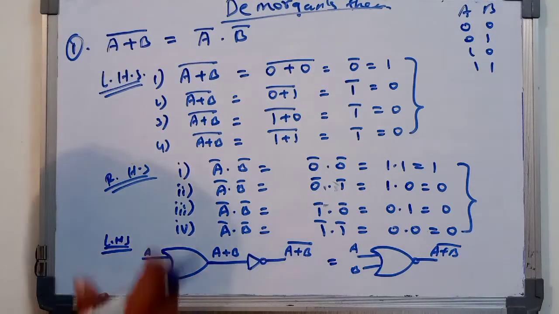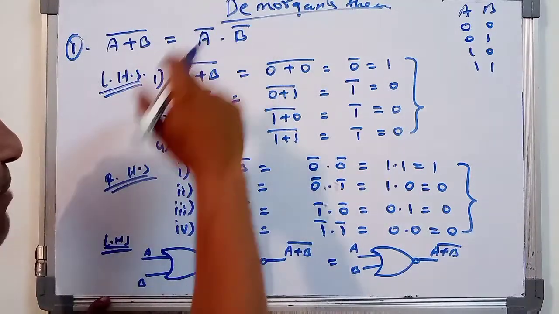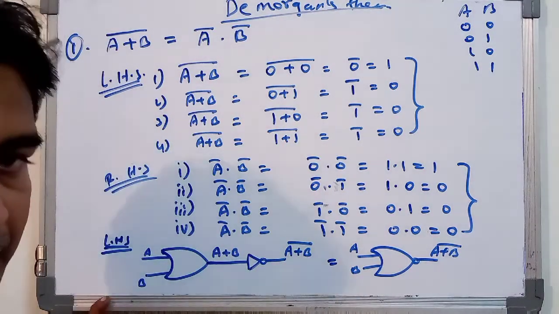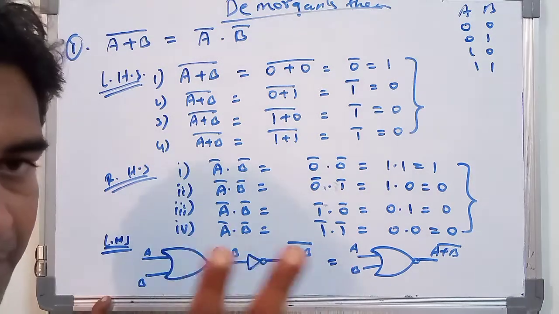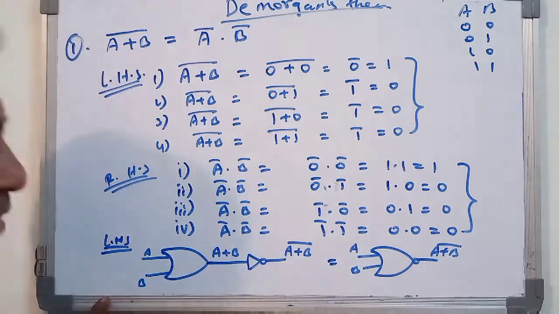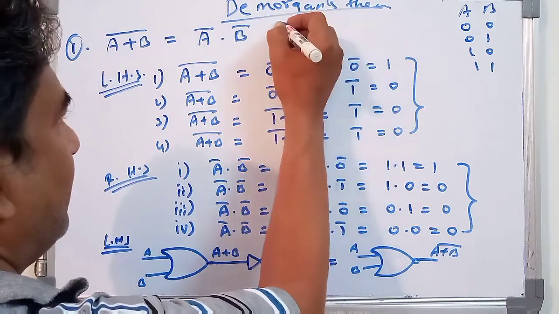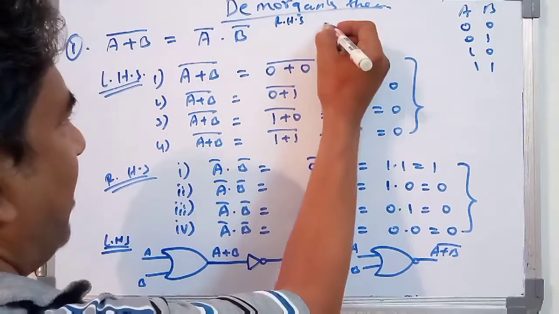Okay students, consider the right hand side, A bar dot B bar. Now how many inverters do you have to connect with the input value? Two inverters. According to that, I will draw here on the right hand side the A bar.